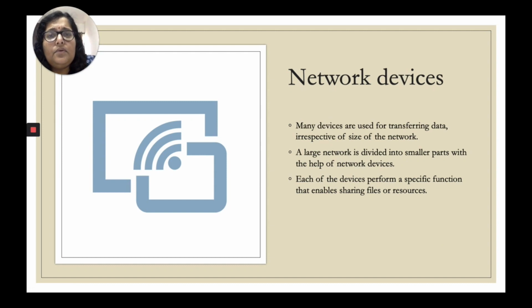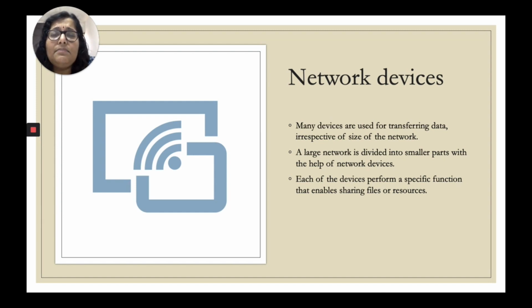Now we need to talk about what are the devices that connect all these elements into the network. They are called the network devices. Many devices are used for transferring data irrespective of the size of the network. A lot of devices are used in order to connect all the computers, tablets and mobiles to the network. A large network is divided into smaller parts with the help of network devices.